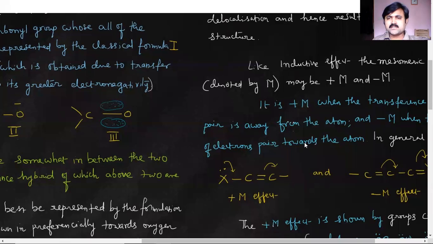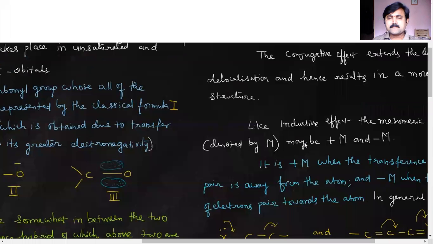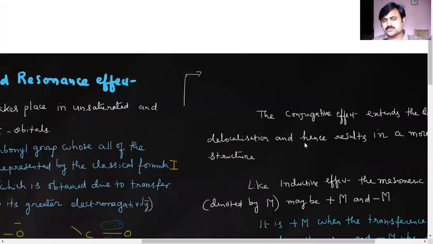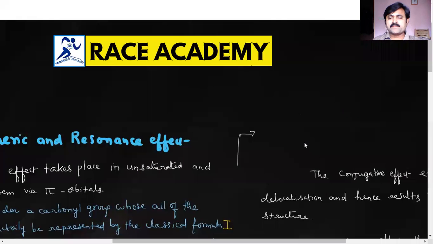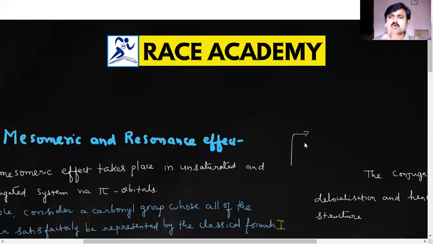What we have discussed in this class is electron displacement, a continuation of the previous session, where we discussed the electromeric effect. In this we started with the mesomeric and resonance effects, and these effects lead to the stability of molecules, as we have also learned. Further detailed discussion about the mesomeric effect is supported by the resonance concept in organic chemistry, so that will be discussed in the next class.